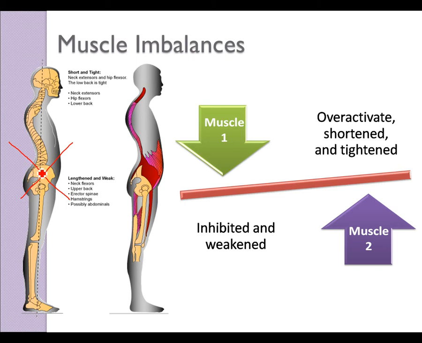And then L5 to L4, L4 to L3, and all the way up. So the entire spine is connected together. Then the spine hooks to the sacrum, and the sacrum hooks to each of the pelvic bones. So it's all one piece. If one is going to move, they're all going to move. So the pelvis is going to move when the low back moves. They're going to all work together as a unit. They're not going to be separate pieces.